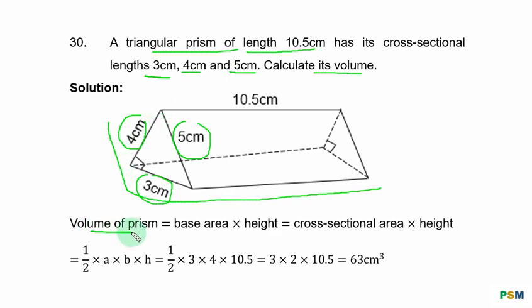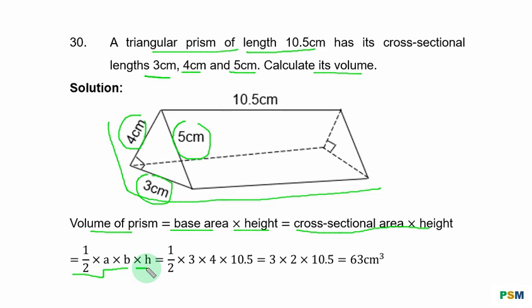Volume of prism is equal to base area times height, also equal to cross-sectional area times length. The cross section is a triangle whose area is given as half times base times height.